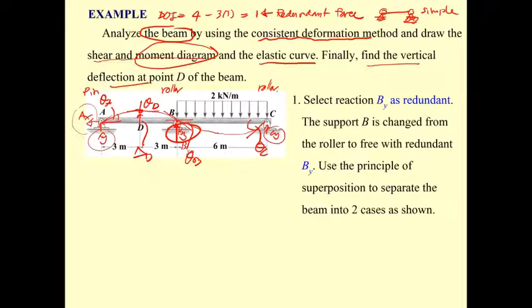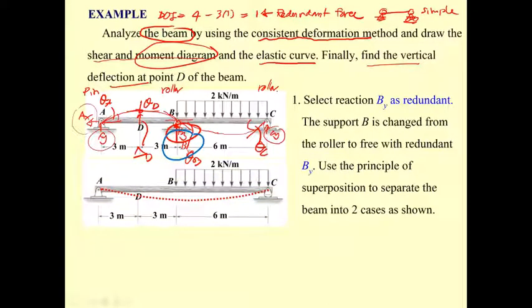Let's set B sub Y as the redundant. When we set B sub Y as the redundant, it is going to be here as the redundant, and then the beam will be separated into two cases based on the principle of superposition.